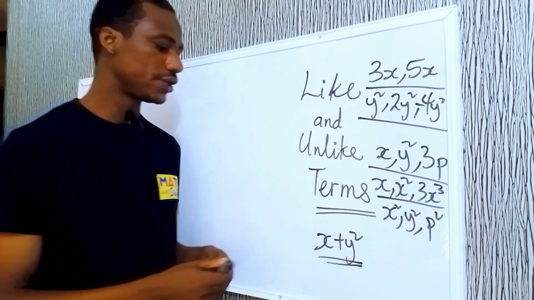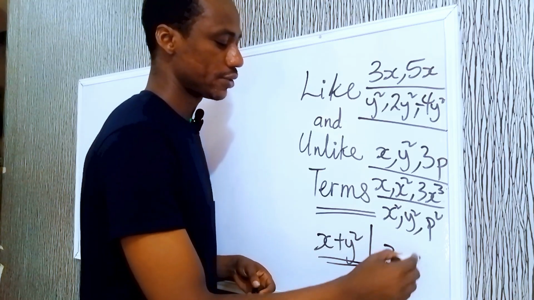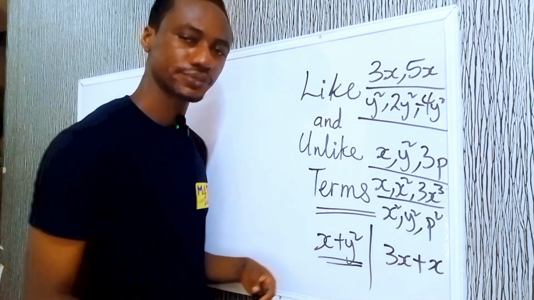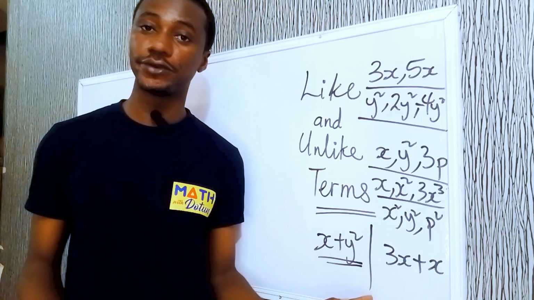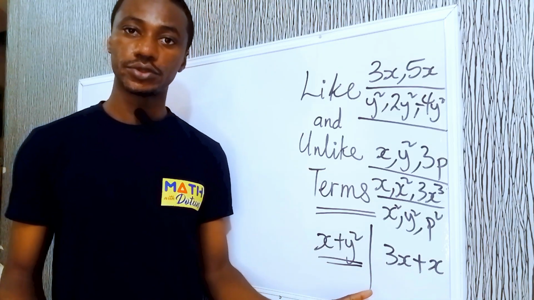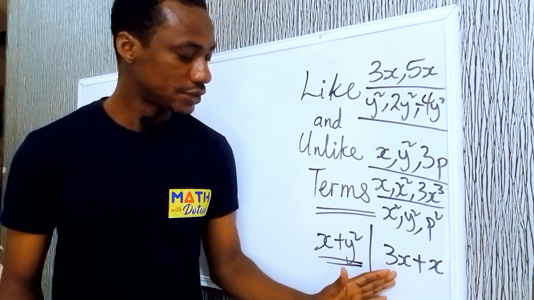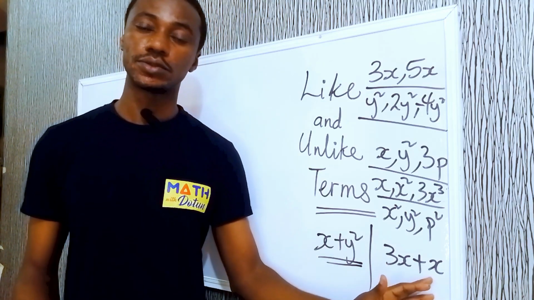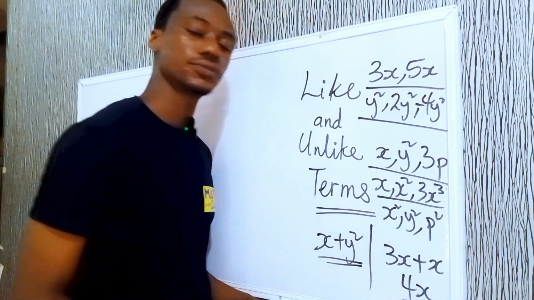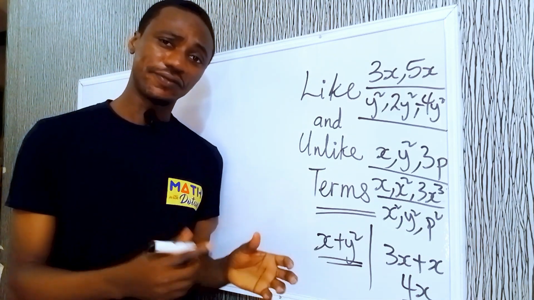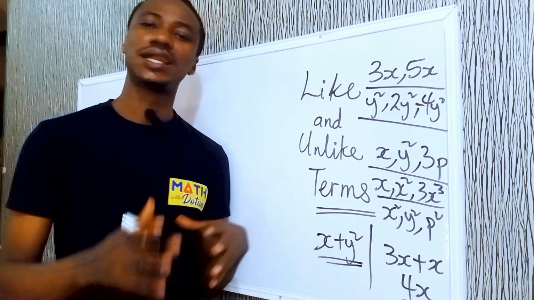But if I have 3x plus x, these are like terms because they are of the same variable and the same power. So if I add 3x plus 1x, my answer would be 4x simplified. So we can simplify like terms, but we cannot simplify unlike terms.